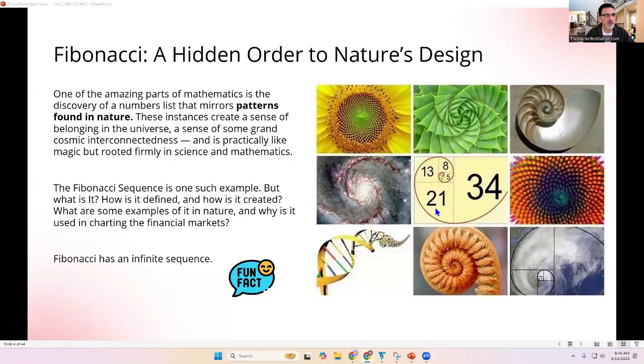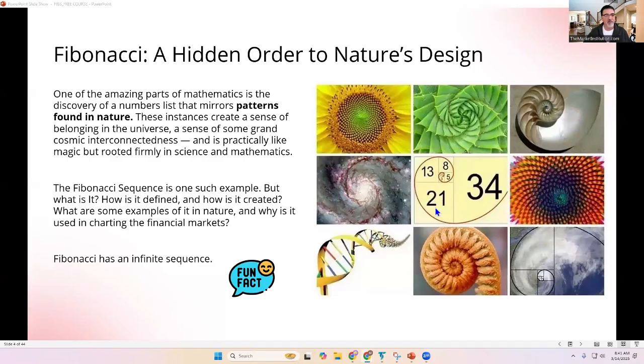The Fibonacci measurements that we see, we notice them a lot in nature, kind of a hidden order to nature's design. One of the amazing parts of mathematics is the discovery of the numbers list that mirrors patterns found in nature. These instances create a sense of belonging to the universe, a sense of some kind of grand cosmic interconnections, okay?